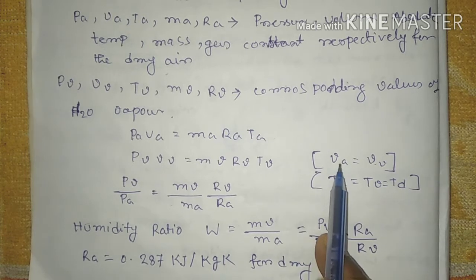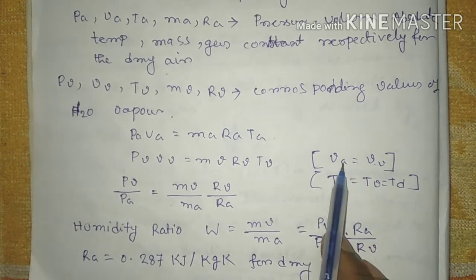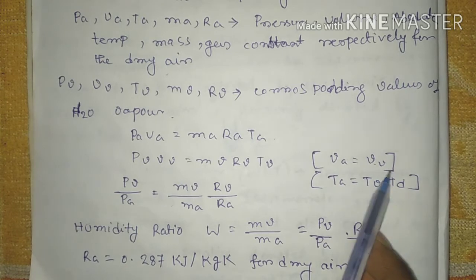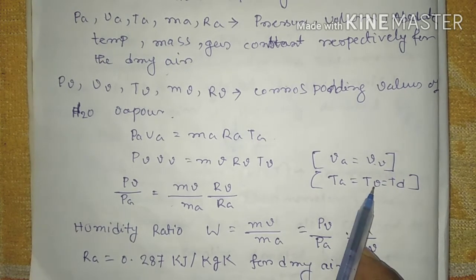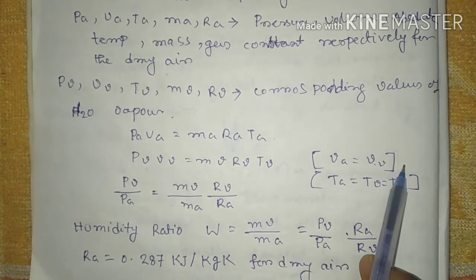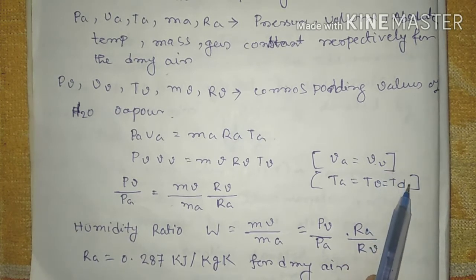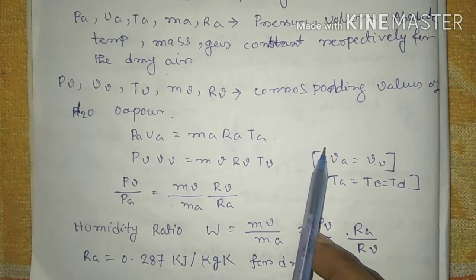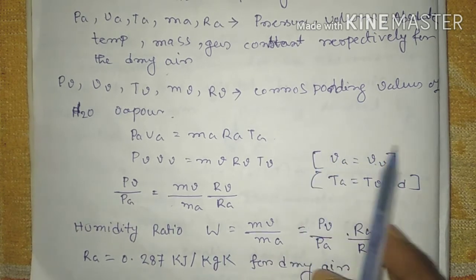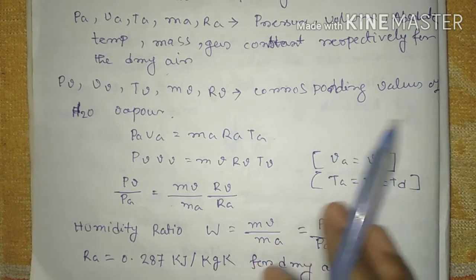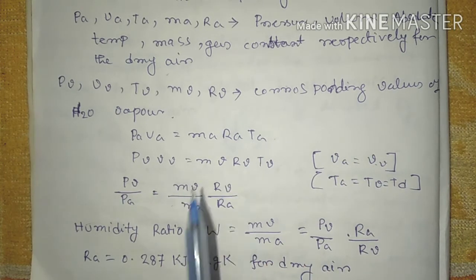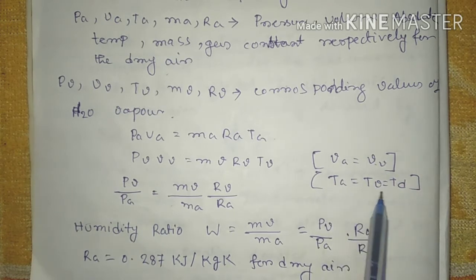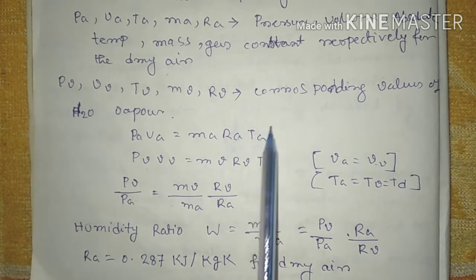So if the volume is the same, then Va is equal to Vv. Similarly, Ta is equal to Tv is equal to Td, the same dry bulb temperature. For the same volume, the mass of water vapor present divided by the mass of dry air present is the ratio that indicates the specific humidity. So if Va is equal to Vv and Ta is equal to Tv is equal to Td, all these terms will be the same.